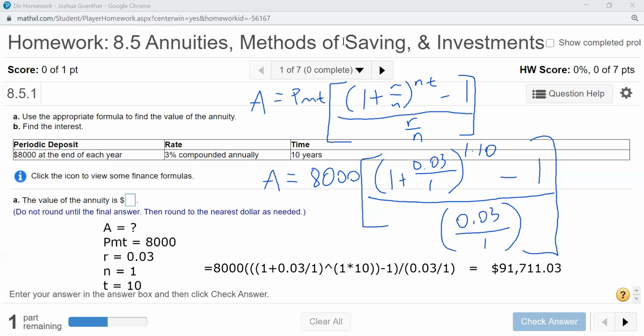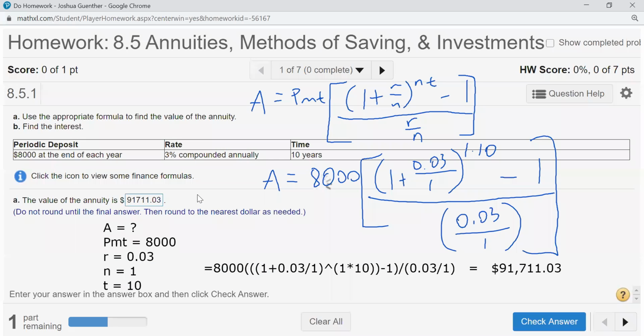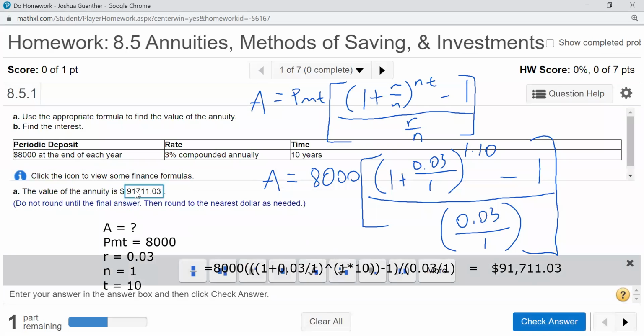So that would be the answer to this one, 91,000, assuming I didn't make any mistakes, which perhaps I did make a mistake. Hold on, let me double check. 3% compounded annually, 10 years, $8,000 at the end of the year. Use the appropriate value to find the value of the annuity. Did I not put a comma in there?